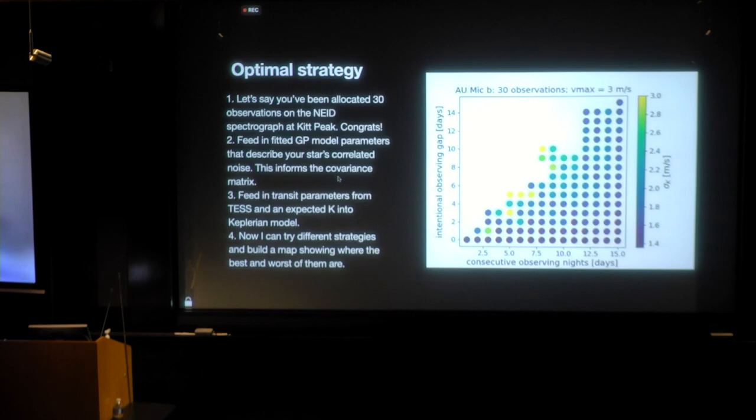And then finally, we produce plots like these for users, where the x-axis is the number of consecutive observing nights, and the y-axis is the intentional observing gap. So 5, 1 would be 1, 2, 3, 4, 5, 1, 2, 3, 4, 5, and so on. And so blue is good, yellow is bad.